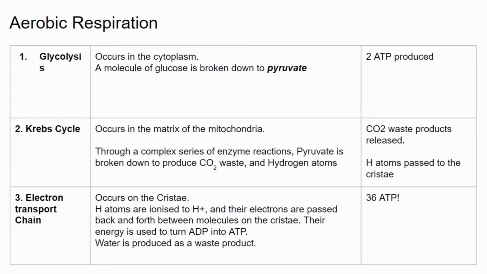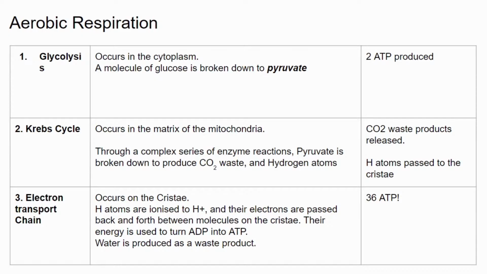Again, a very complex series of enzyme reactions. They're passed backwards and forwards between molecules on the cristae, and as they are doing that, they are using the energy from the electrons to turn ADP, or adenosine diphosphate, back into ATP.